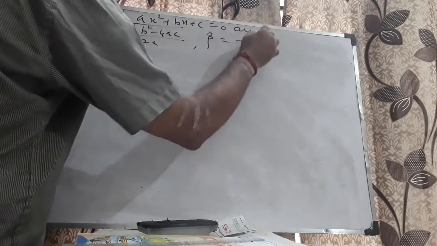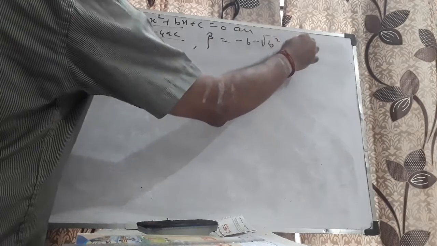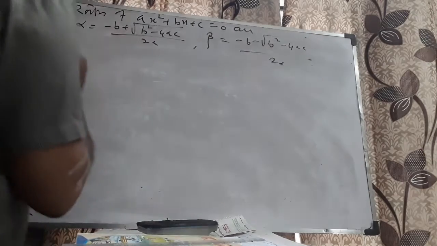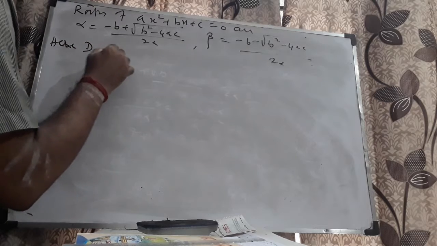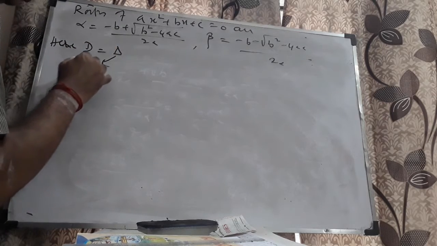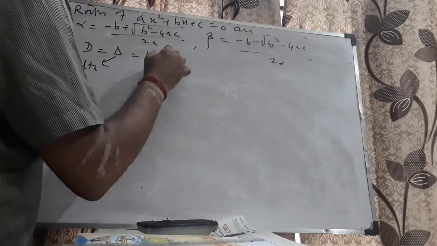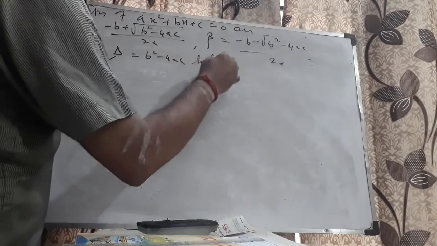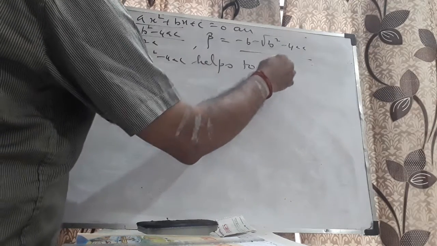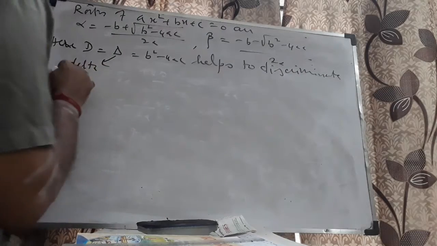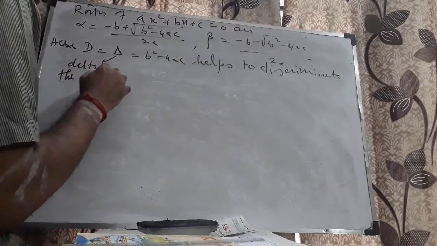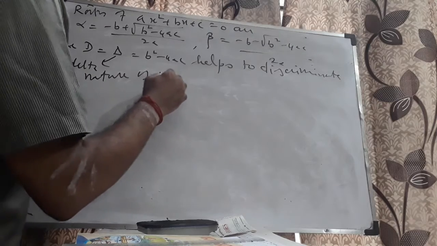Beta is equal to minus b minus root of b square minus 4ac by 2a. Here d, or delta, we call it as delta, is equal to b square minus 4ac, helps to discriminate the nature of the roots.